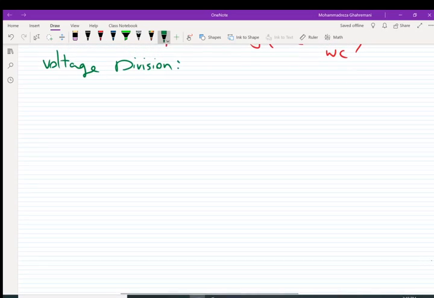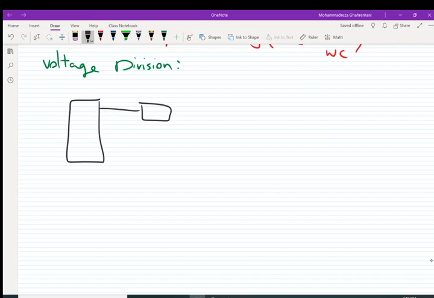So, voltage division. We know that the phasor voltage across each element can be calculated by Ohm's law. So if we have this circuit, this is the rest of the circuit, and let's say we have two elements with impedances of Z1 and Z2.